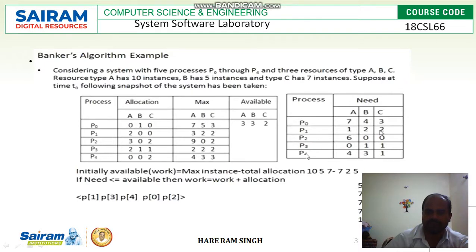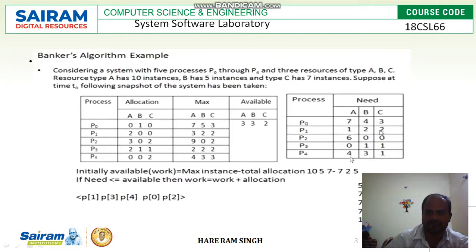So work is the present available plus the allocation of P3, that is 211. 532 plus 211: 5 plus 2 is 7, 3 plus 1 is 4 and 2 plus 1 is 3. So 743.